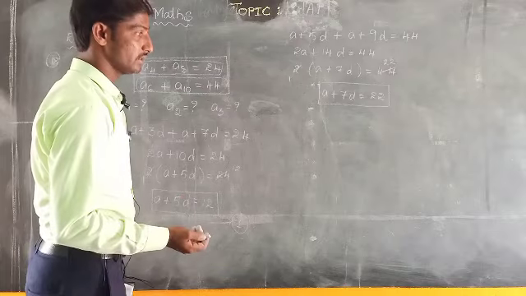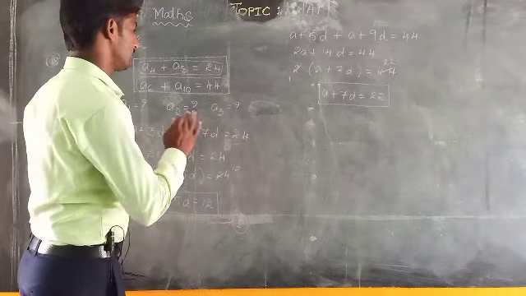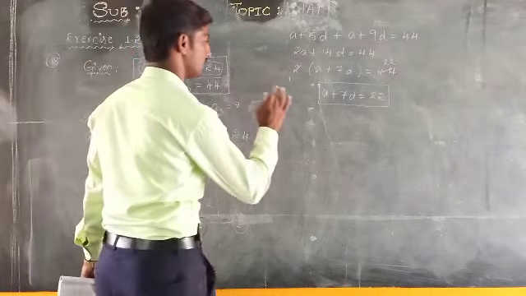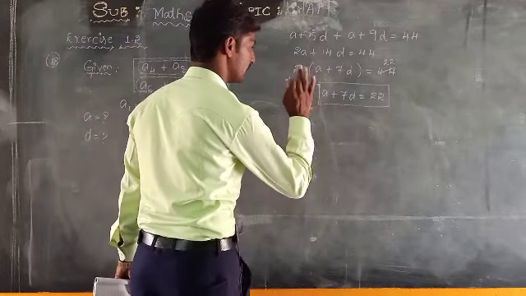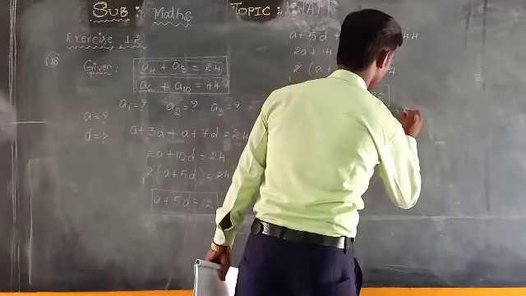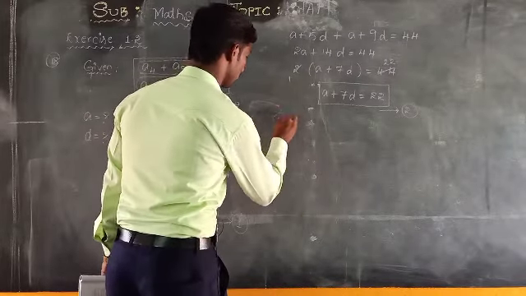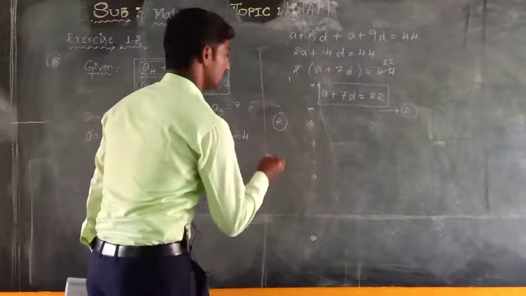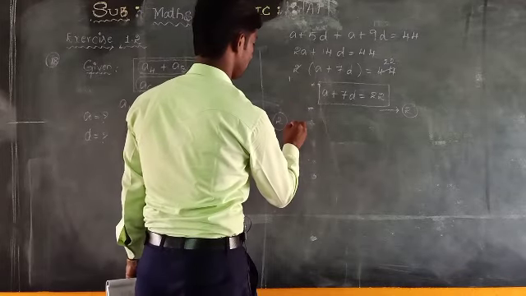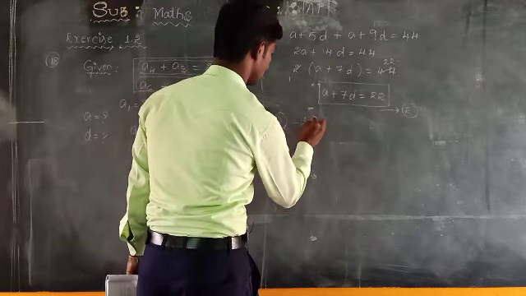What we need to find is the first 3 terms, so we need to find the A value and D value. Call this equation number 2. Solve these two equations. Equation number 2 minus equation number 1.